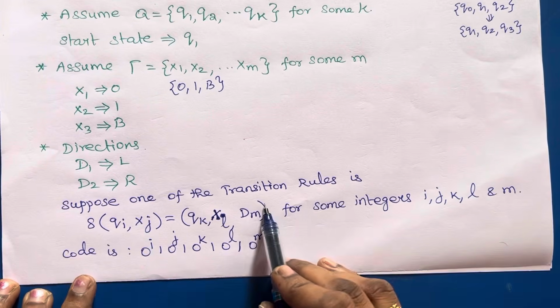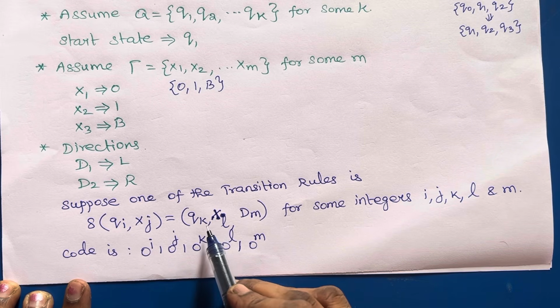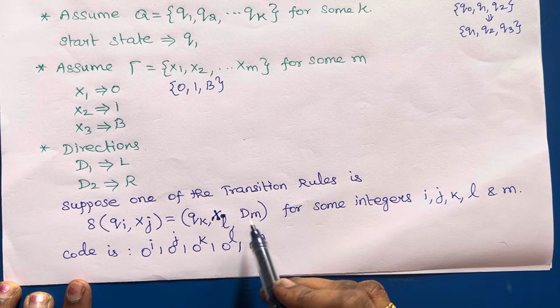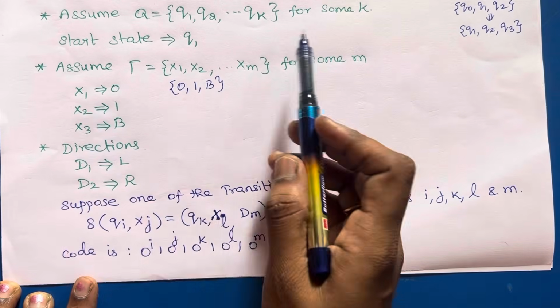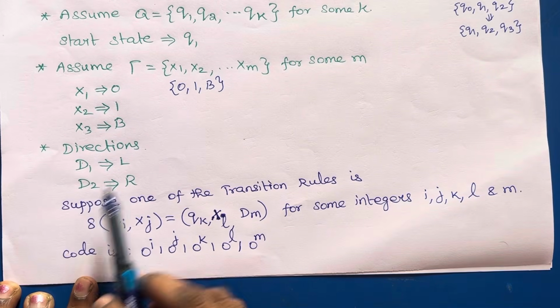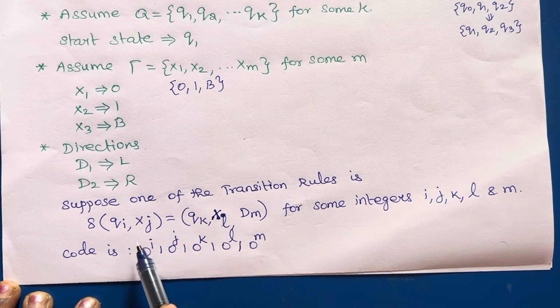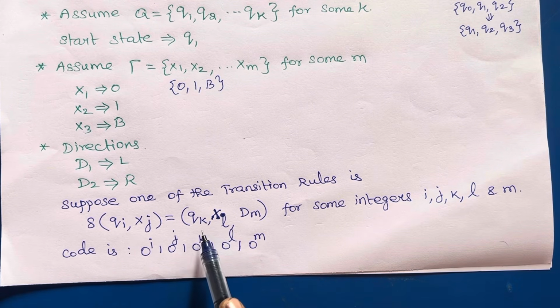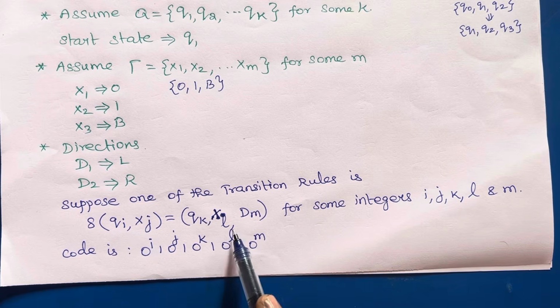Suppose one of the transition rules is del of Qi, Xj equal to Qk, Xl, Dm, for some integers i, j, k, l and m.